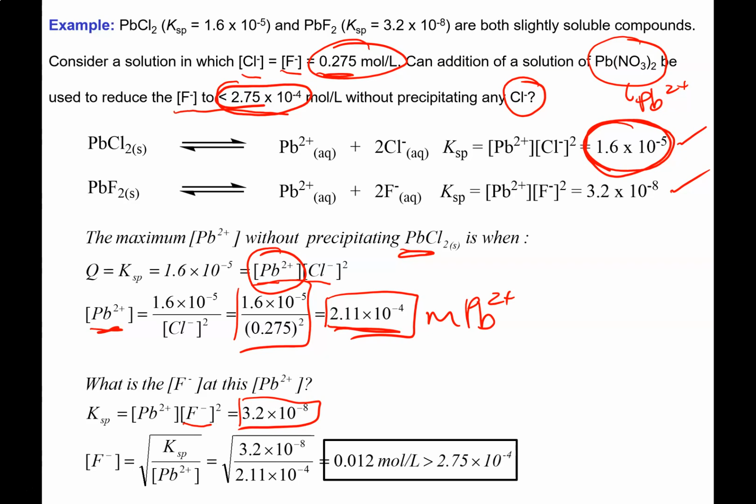So now if I take the square root of Ksp over the lead ion concentration, I will get the fluoride ion concentration, which is the expression I've got written here. So I do the math for that, and it turns out that I can't. At the point when I begin precipitating lead chloride, my fluoride ion concentration has only dropped to 0.012 moles per liter.